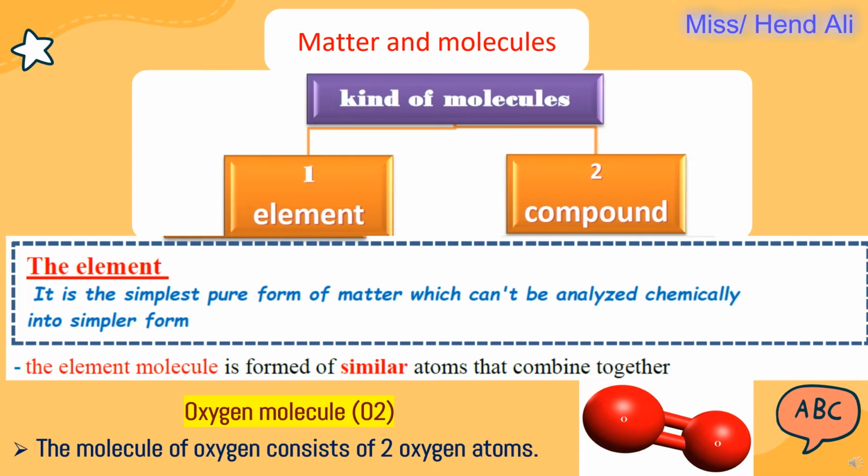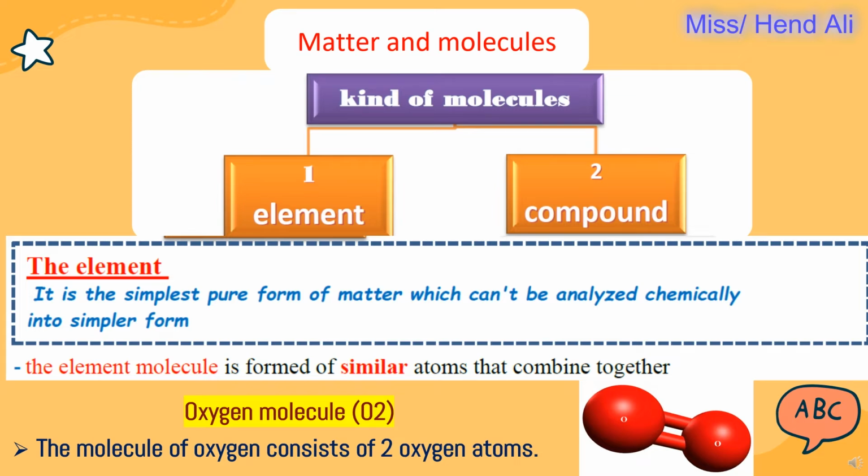What is meant by element? Element, it is the simplest pure form of matter which can be analyzed chemically into a simpler form. The element molecule is formed of similar atoms, not different, similar atoms that combine together, like two oxygen, maybe two hydrogen, so they are similar. Okay, oxygen molecule.